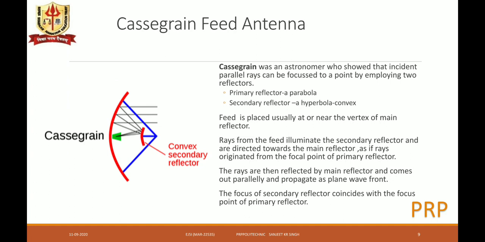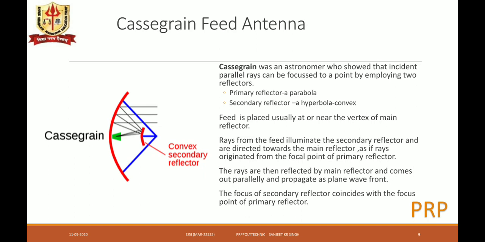Now the Cassegrain feed antenna is named after the famous astronomer who showed that incident parallel rays or electromagnetic energy can be focused to a point by employing two reflectors: first, the primary reflector, which is a paraboloid, and a secondary reflector, which could be a paraboloid or hyperboloid.